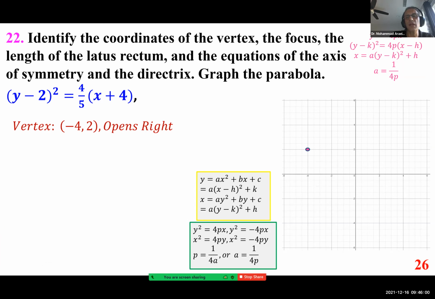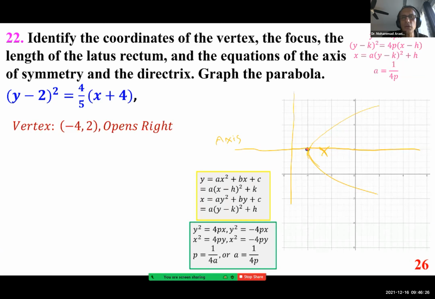Now, before we continue, to make life easy, it looks something like this. This is not to scale, and I'm going to erase it in a moment. It looks something like this because we know it opens to the right. Why am I drawing this? Because I know my focus is somewhere here. And again, this is not to scale. I know through the vertex is my axis of symmetry. I'm going to call it short for axis.